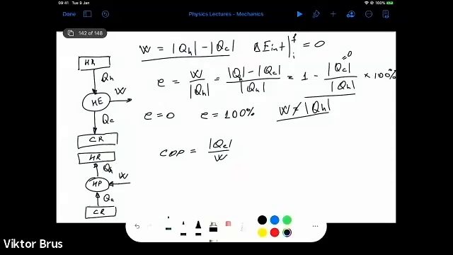And there is another one. So this will be for cooling. Let's put here C. And COP for heating is equal to QH divided by work.